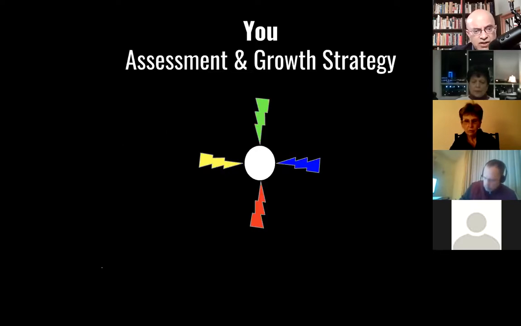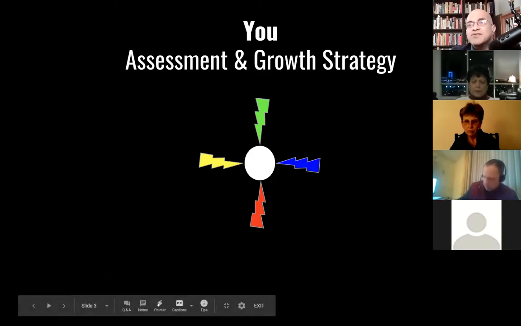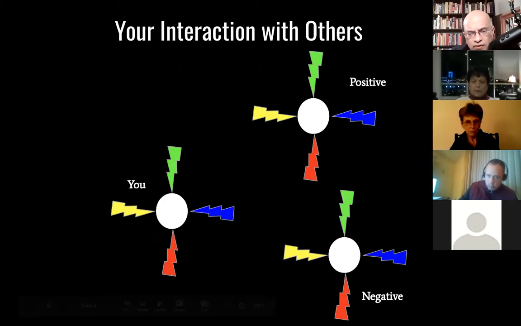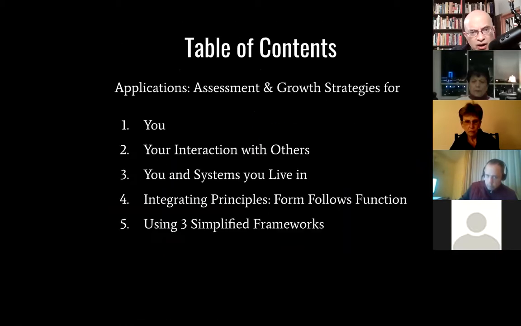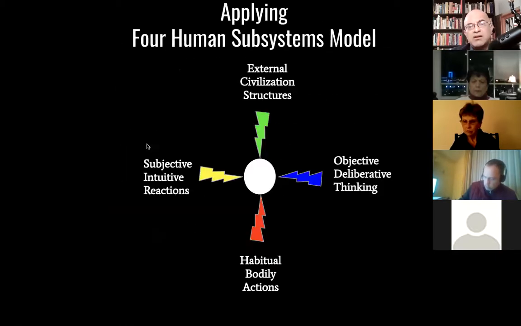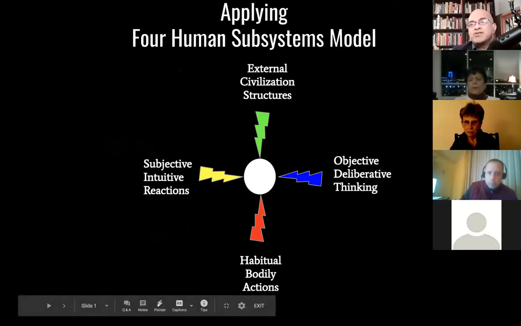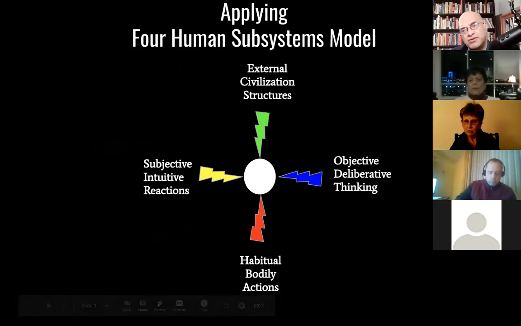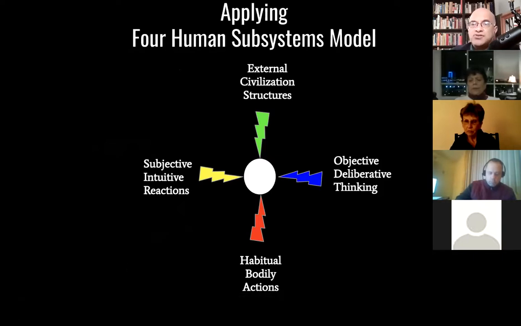First, let's talk about ourselves. Actually, let me go back and give you a quick overview for those who are not familiar with this. What I'm saying is that there are 4 functions that we have, which are very different from each other. 2 of them are external functions, 2 of them are internal functions.